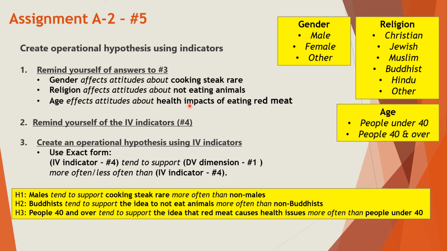A low health impact is possible, as well as a high health impact. So notice here we really had to change the wording of our dimension to make this an operational hypothesis. People 40 and over tend to support the idea that red meat causes health issues. So we had to be a lot more specific here and change it.